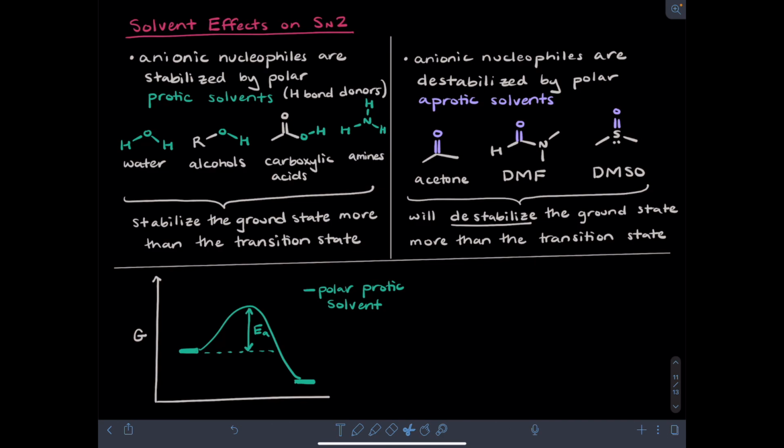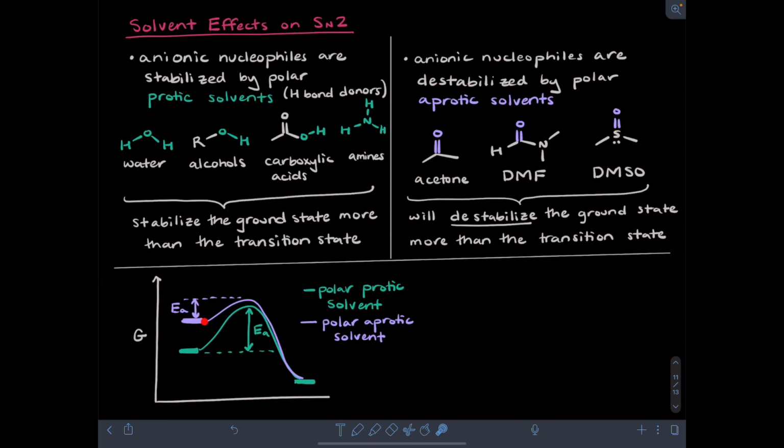So, if we consider the polar protic solvent, the ground state, the starting material, is relatively stable compared to the transition state. This means that there's a relatively large barrier with a large EA value. In the case of the polar aprotic solvent, think about your starting nucleophile as being higher in energy, because it can't participate in any hydrogen bonding to stabilize it.